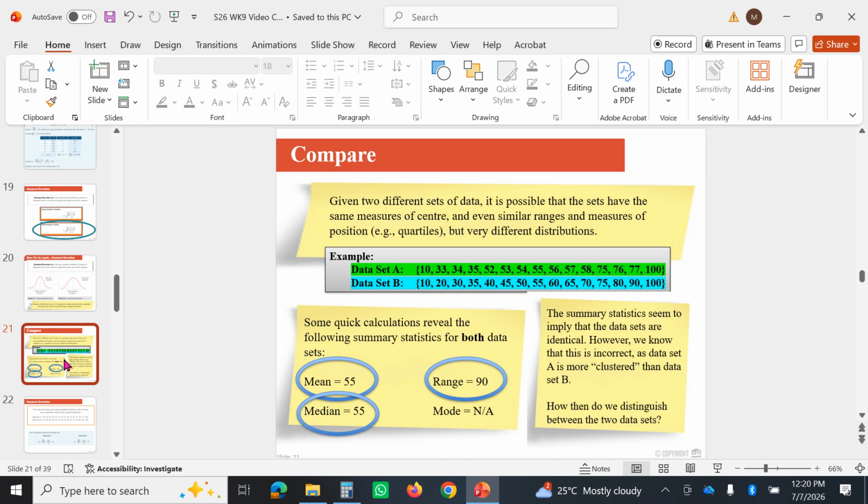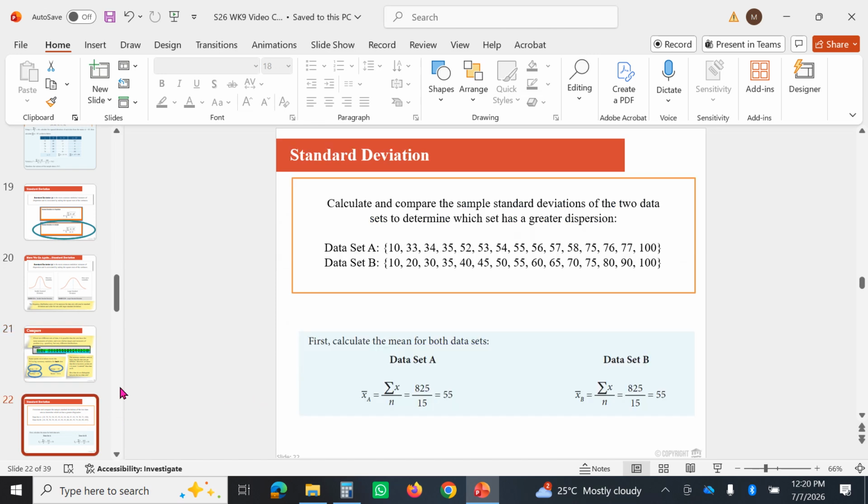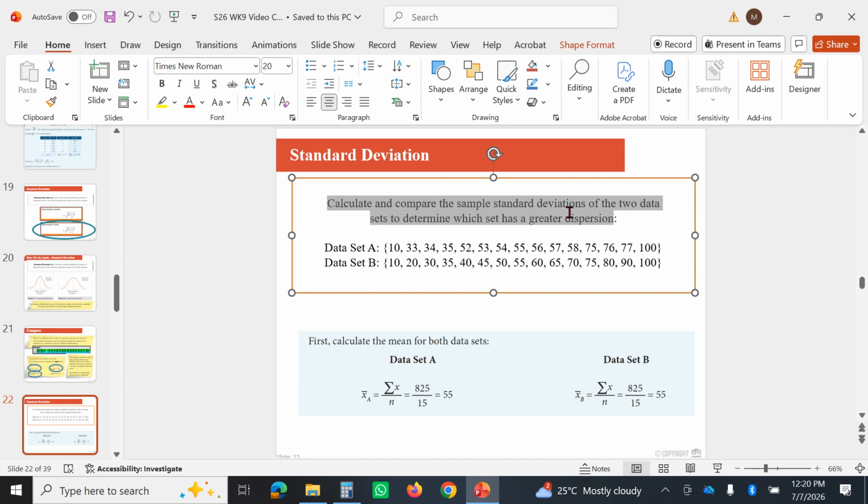So, let's go back and have a look here. You've got these two graphs, these two data sets. They look very similar, and in fact, there are a lot of similarities. Calculate and compare the sample standard deviations of the two data sets to determine which set has a greater dispersion.